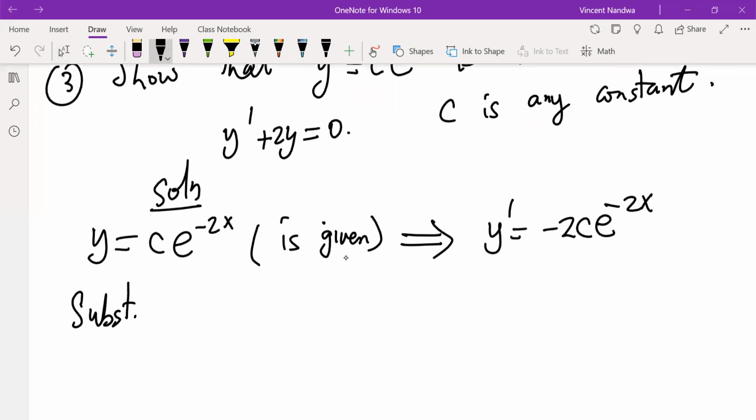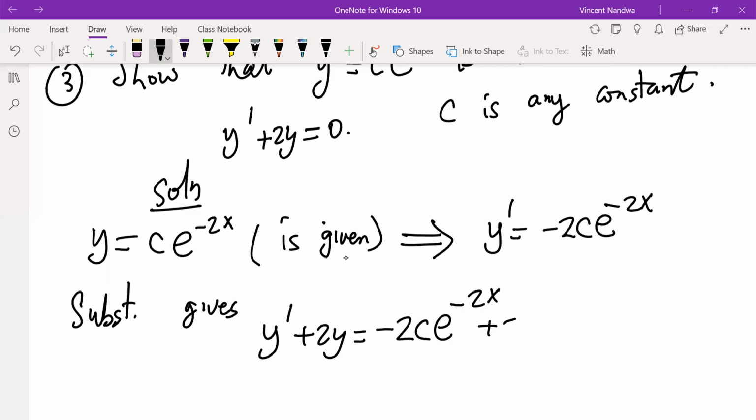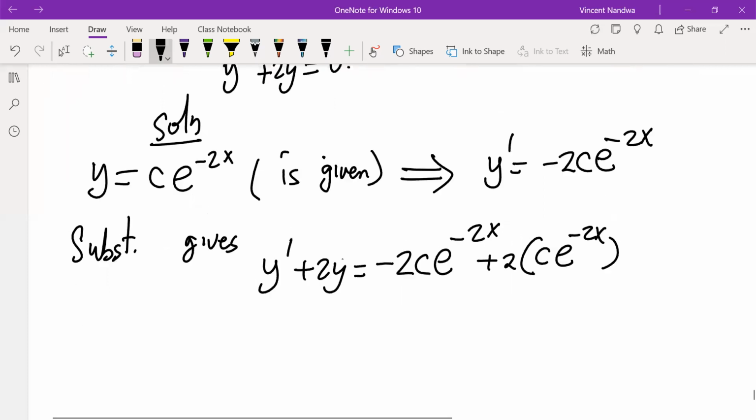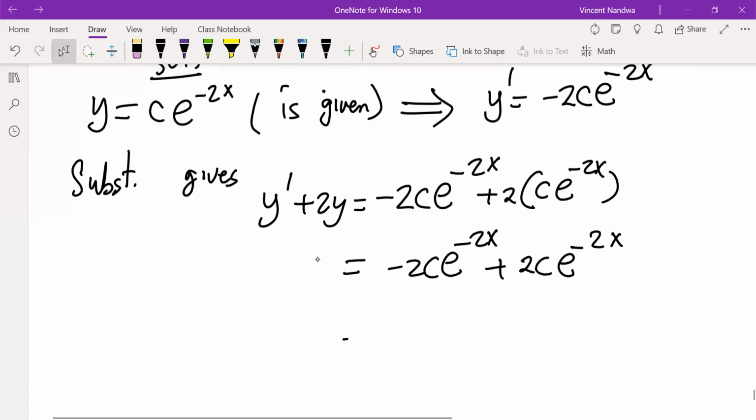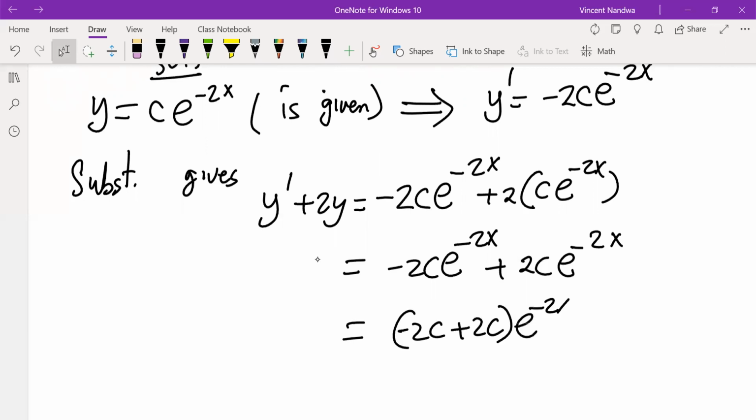Substituting gives y prime plus 2y equals minus 2c e raised to minus 2x plus 2 into c e raised to minus 2x. This will give us minus 2c e raised to minus 2x plus 2c e raised to minus 2x, which is the same as minus 2c plus 2c multiplied by e raised to minus 2x.